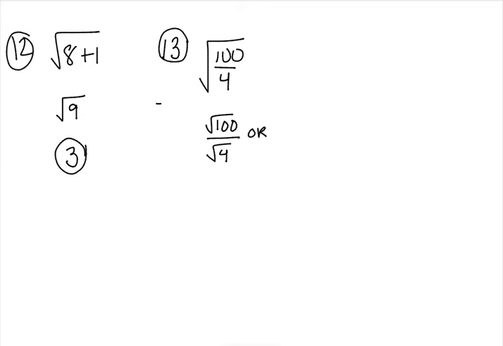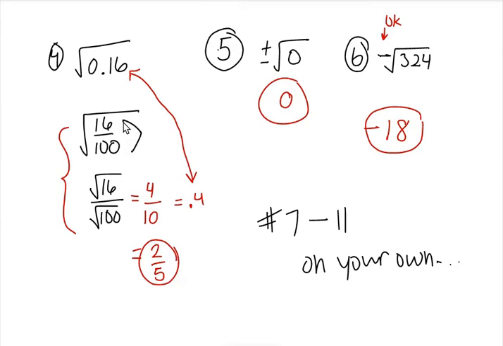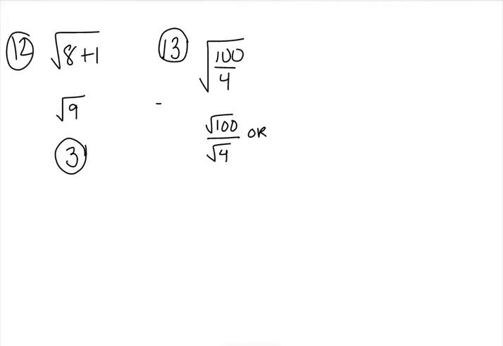With the 16 over 100, that doesn't simplify to anything but 0.16. So in this case, simplifying first may not have been the best choice. But if we look at 13, do you see how 100 over 4 becomes the square root of 25? So you could handle this either way.